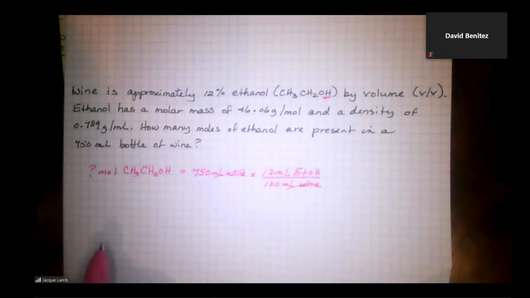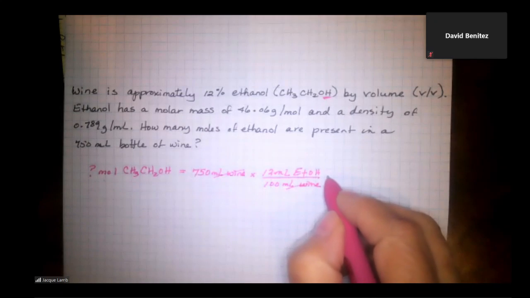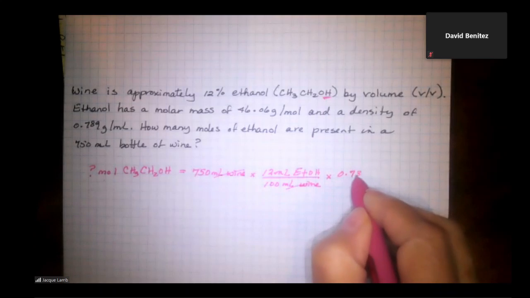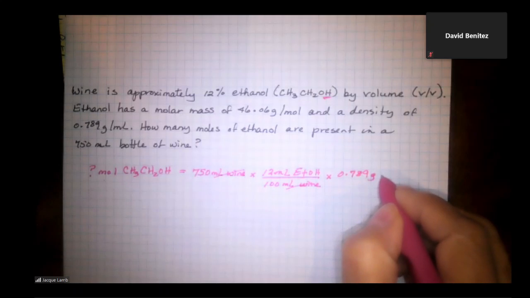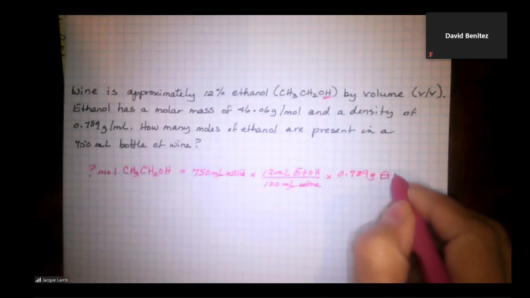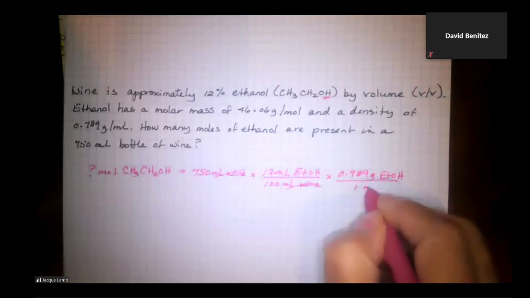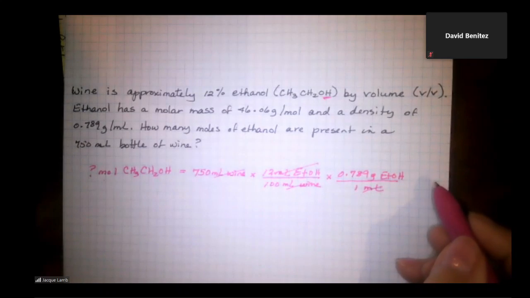To get there, I need to convert milliliters to grams using density: 0.789 grams of ethanol per 1 milliliter. So milliliters will cancel.